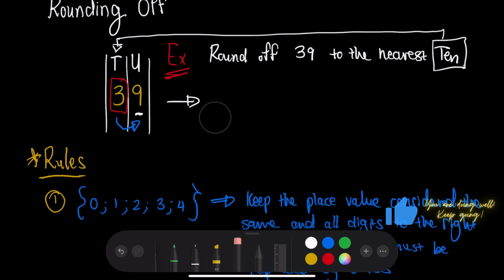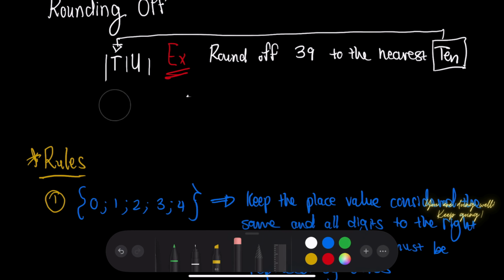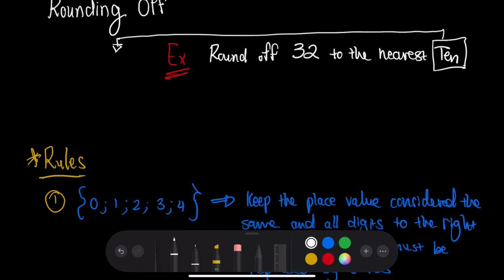So once again, we have the same example, but let's say it wasn't 39 that we were considering, but let's say we were considering the number 32. Then once again, I ask myself, I firstly put down my number 32 and I check which columns these digits form a part of.